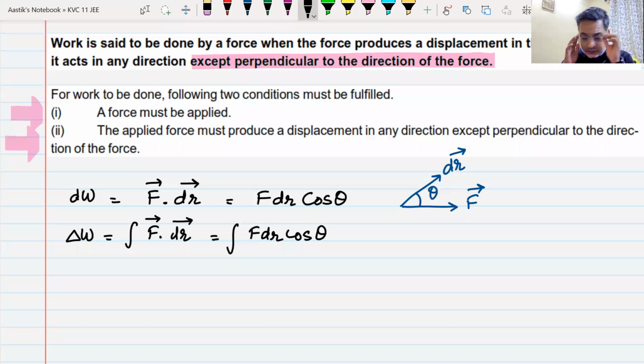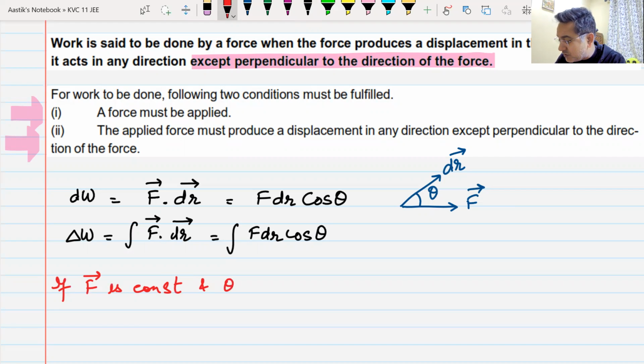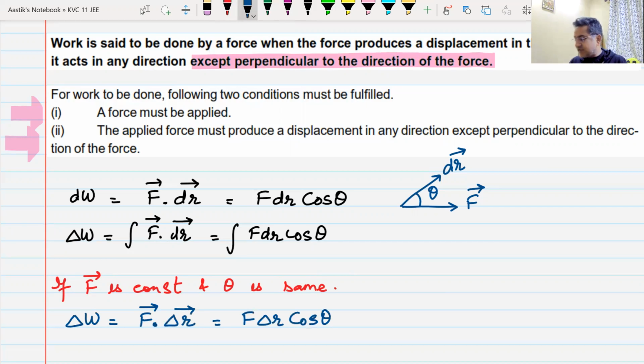Now, if the force F is constant and at the same time theta is the same at all places, meaning the angle that it makes with the displacement of the particle is the same at all places, then I can write the work done by this force as F dot displacement, or as the magnitude of F into delta R into cos theta, where theta is the angle between force and displacement.